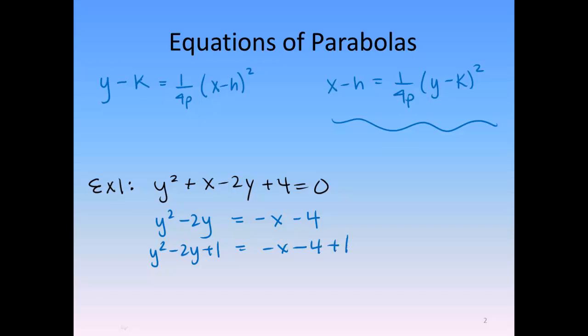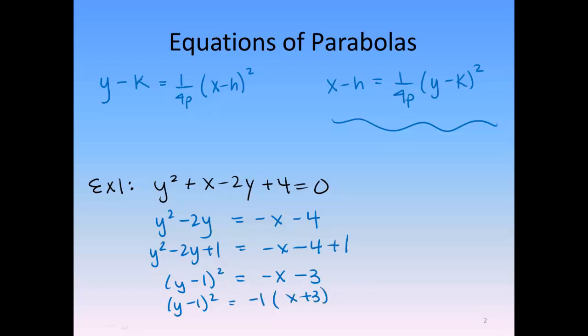Okay. Now this looks kind of backwards because I do have the y squared on my example or the formula up here on the right-hand side, but in this one it's on the left-hand side. And that really doesn't matter so long as we've got them separated. So this is going to give me the quantity y minus 1 squared equals a negative x minus 3. Now I'm going to factor out that negative 1 that I see in front of the x, and that's going to leave me here with quantity y minus 1 squared equals negative 1 times x plus 3.